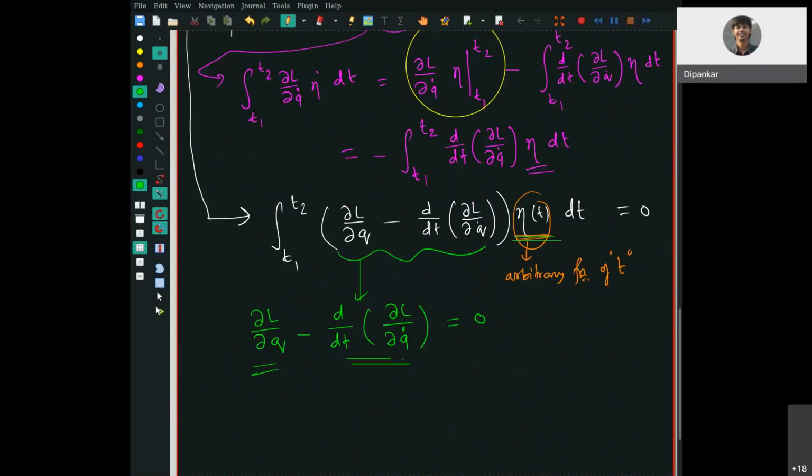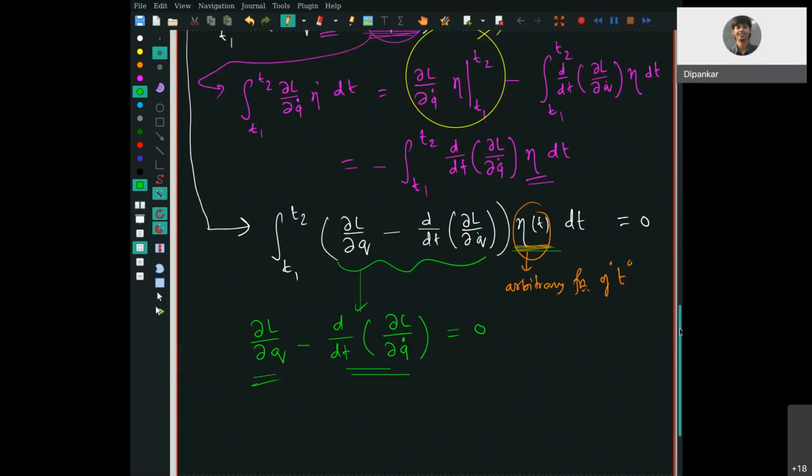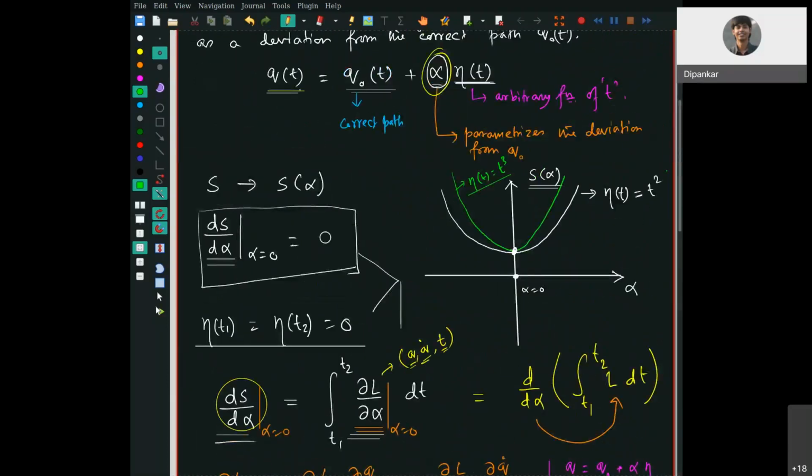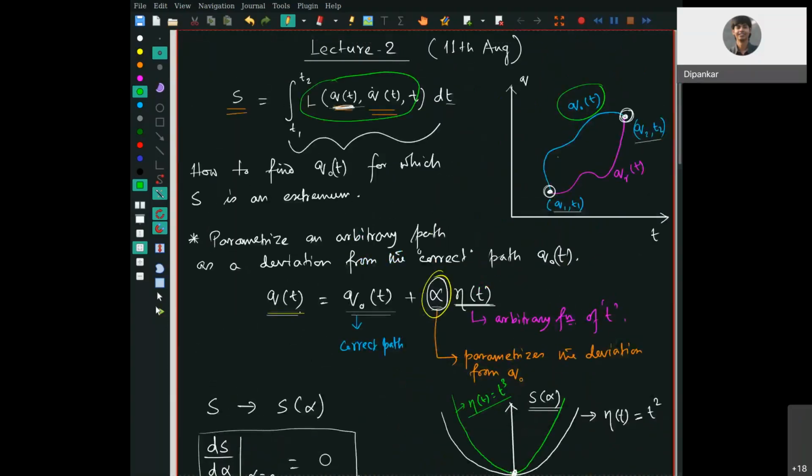And that describes the evolution of the system along this path. The system moves along this path with t.